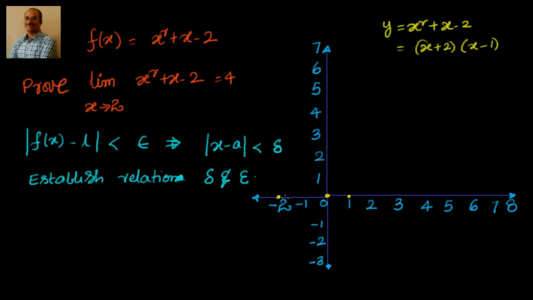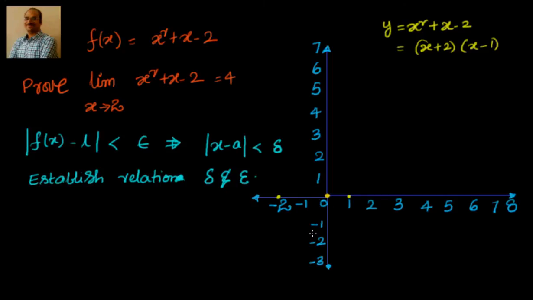That means these are the roots, and you know the parabola will have its vertex in between these two. Minus 2 plus 1 is minus 1, divided by 2, that is minus 0.5, so the vertex will be somewhere here.